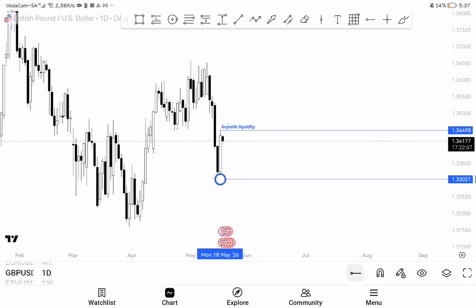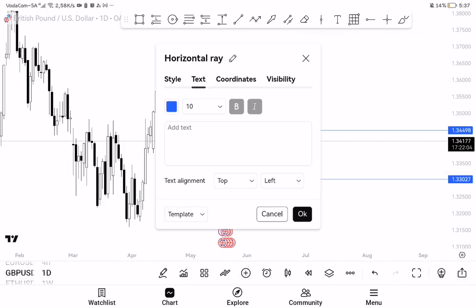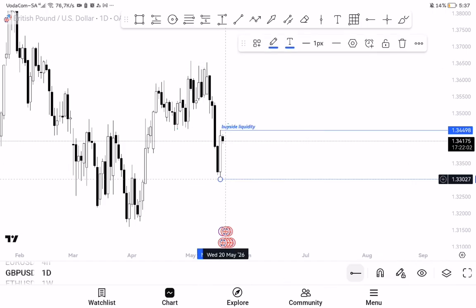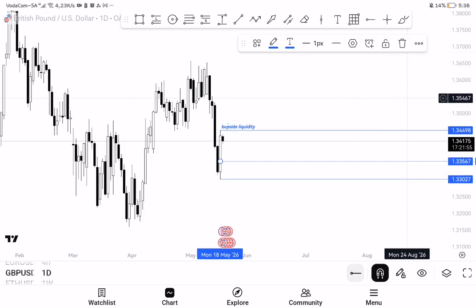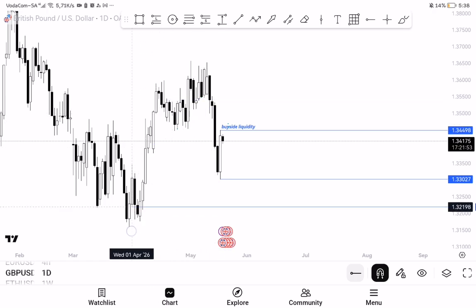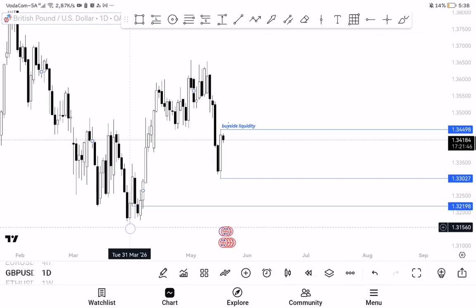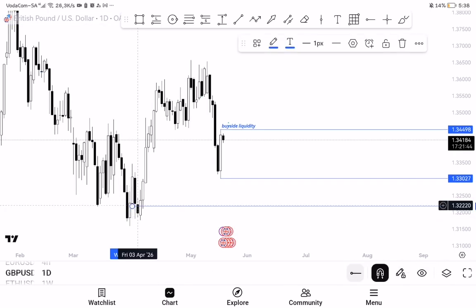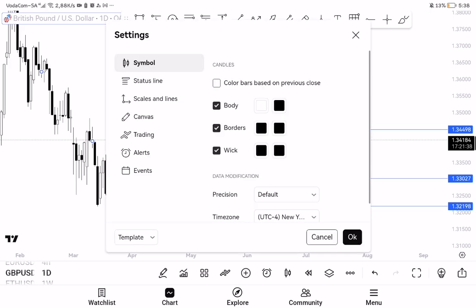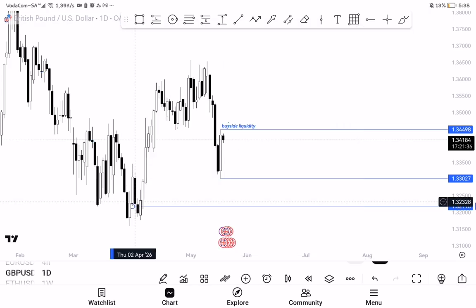I'm just going to be looking for a CRT candle inside that zone, the gap, that daily gap, and then I will pair that CRT with what I want to see on a smaller time frame, 4 hour to 1 hour. Between the two, it could be 4 hours, it could be 2 hours, it could be 3 hours.